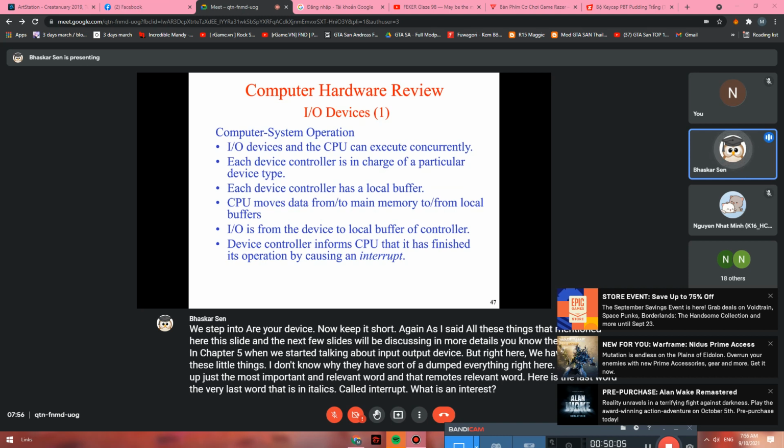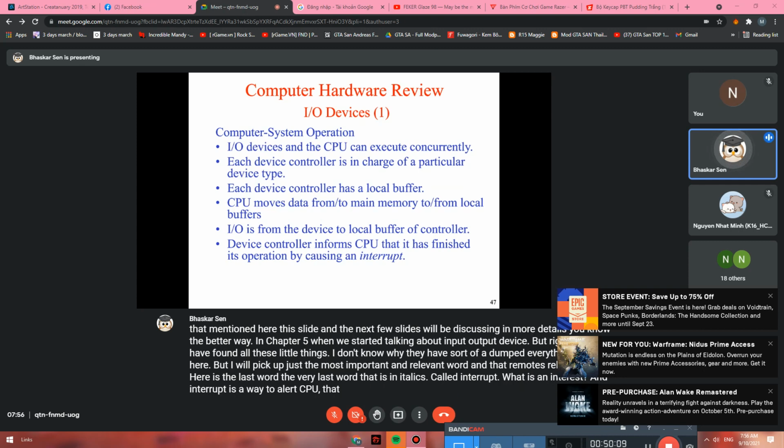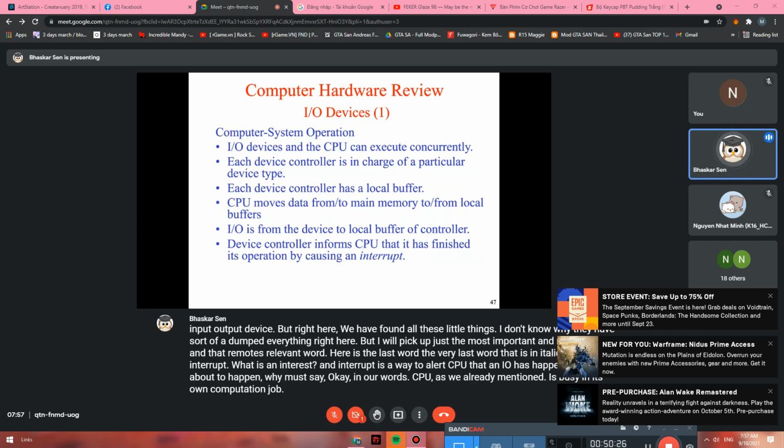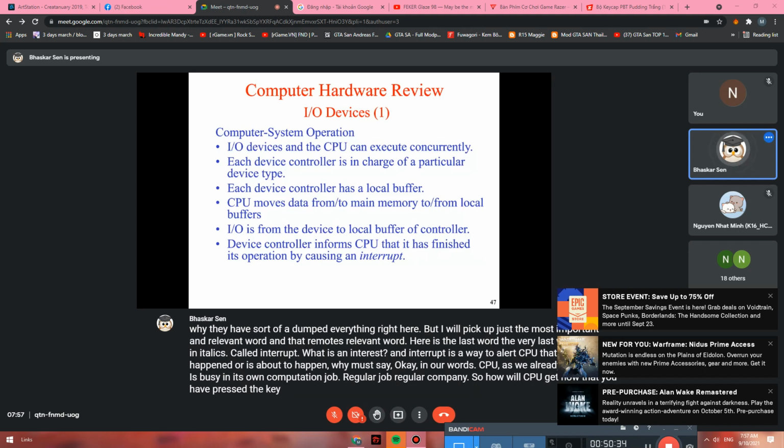An interrupt is a way to alert the CPU that an I/O has happened or is about to happen. Well, I must say it happened. In other words, the CPU, as we already mentioned, is busy in its own regular computation job. So how will the CPU get to know that you have pressed a key or clicked the mouse?